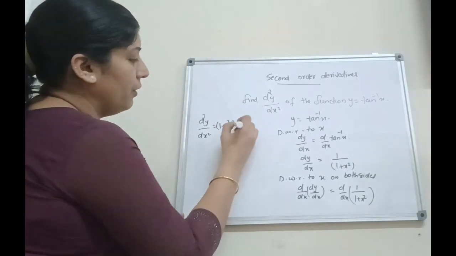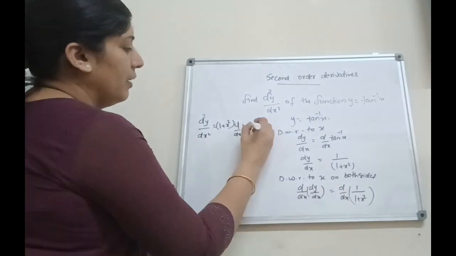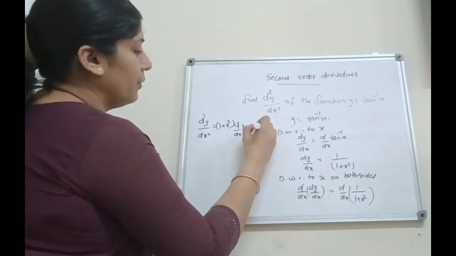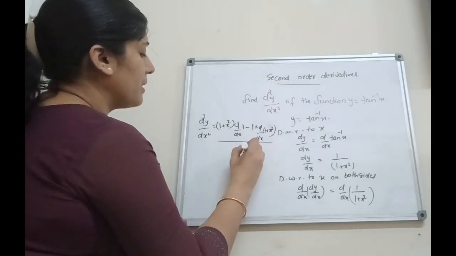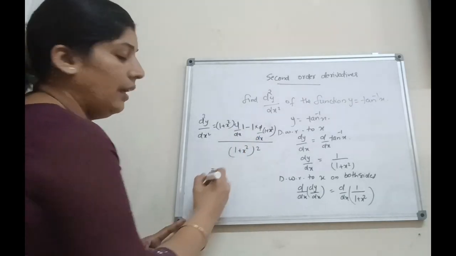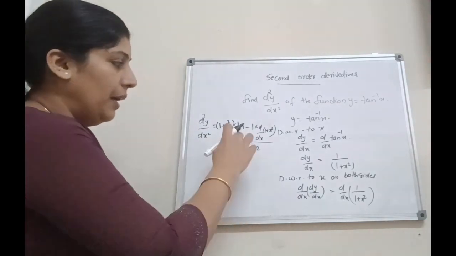That is, denominator into derivative of numerator d by dx of 1 minus 1 into numerator is 1 into d by dx of 1 plus x square divided by 1 plus x square whole square. That is equal to 1 plus x square into d by dx of 1. That is d by dx of 1 is 0.